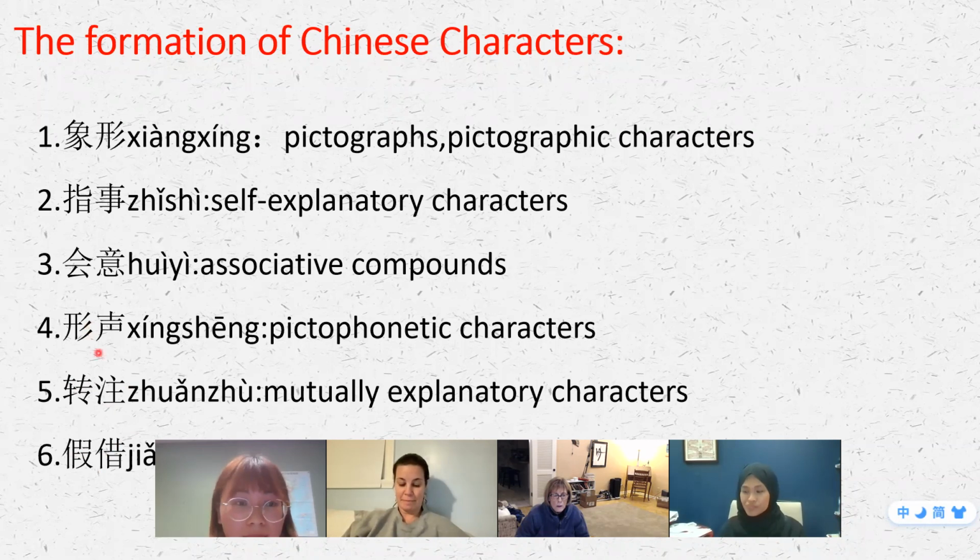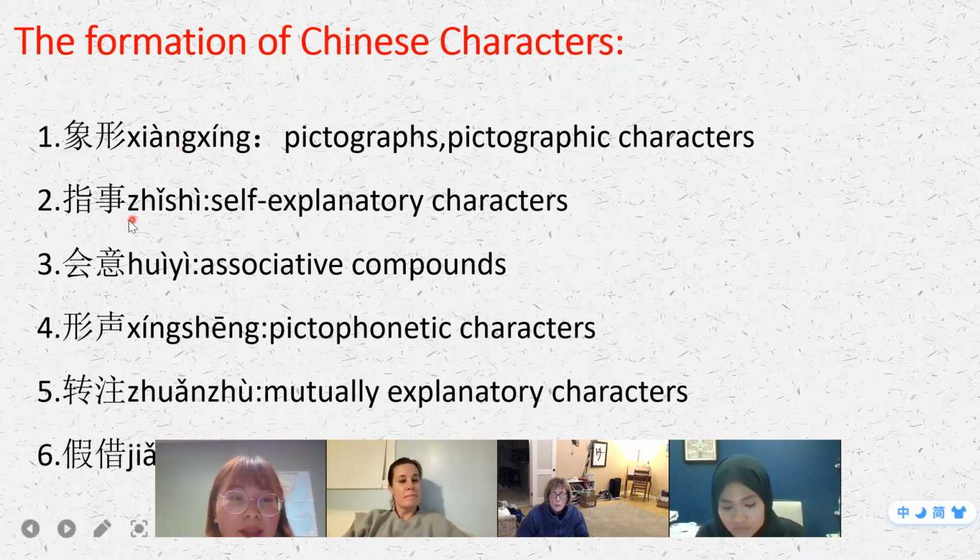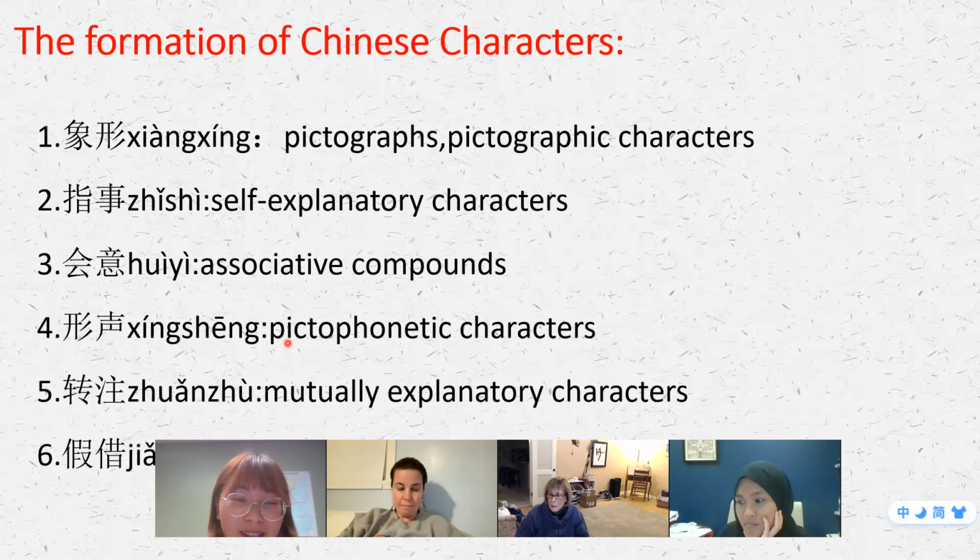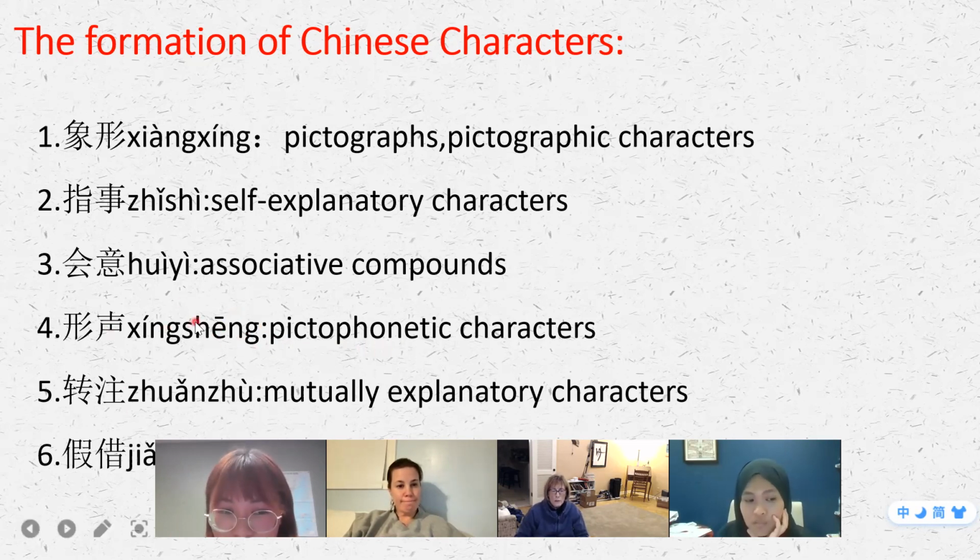So today we just cover these three. 象形 is pictographs, 指示 is self-explanatory characters, 会意 is associative compounds, and 形声 is pictophonetic characters. My thesis is about the pictophonetic characters, because more than 90% of characters are 形声.